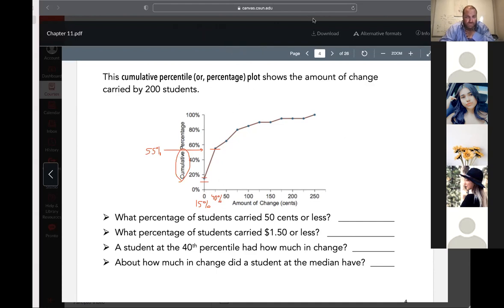Okay. So what percent would include up until 50 cents? Would be 60, 63. Okay, let's say 63%. So what percent would be exactly 50 cents?